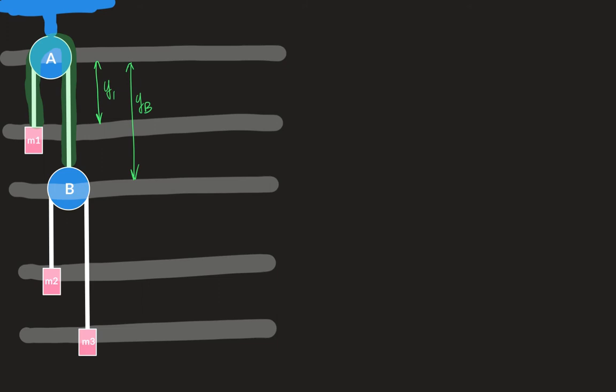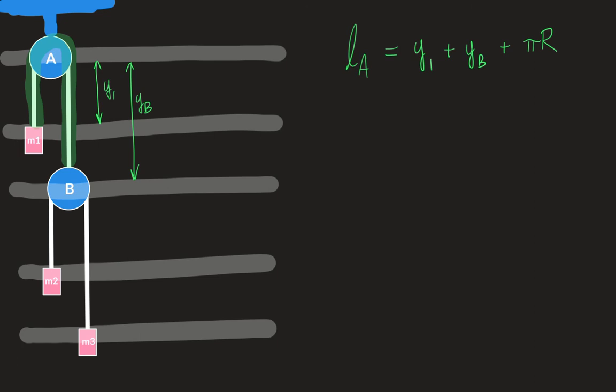But here's the thing about this length of string A. If I have the length of string A, it's comprised of 3 parts. It's the length of Y1 plus the length of YB plus half of the circumference of the pulley, which is a circle. So 2 pi r is 1 full circumference, pi r would be half of that.